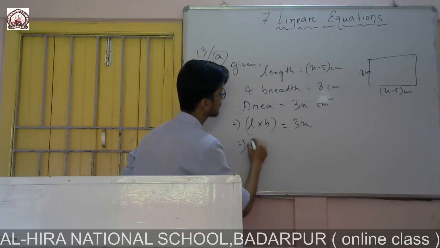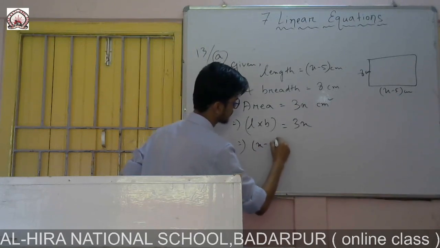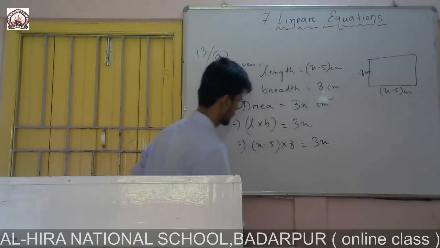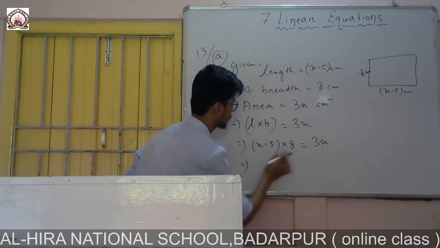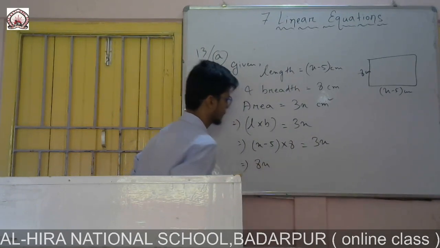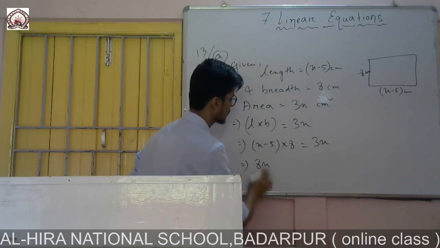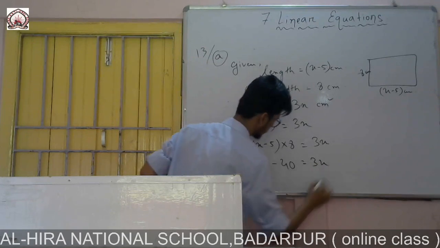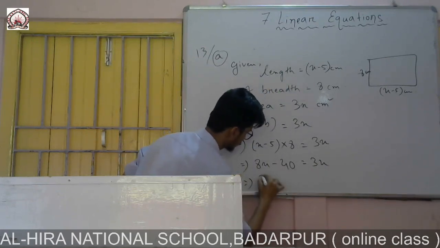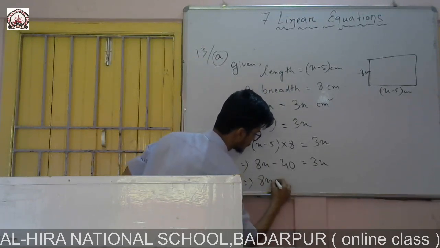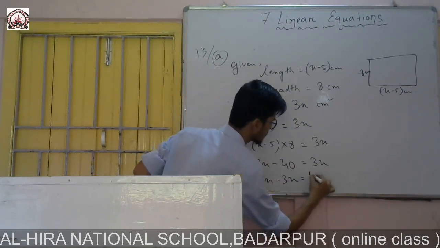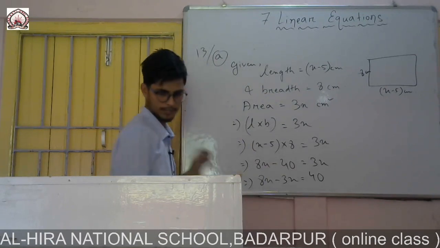It is x minus 5 and breadth is 8, which is equal to 3x. So now if I solve this one, it will be 8x, 8 into x is 8x minus 5 8s are 40 equals to 3x. If I solve this one, 8x, this one if I transpose the side, it will be minus 3x, and that side it is minus 40. If I change the side, it will be plus 40.